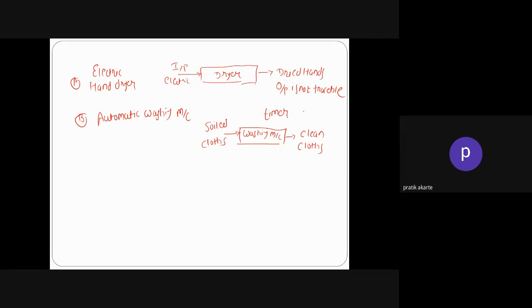For the particular input, for 10 minutes it must soak, after 10 minutes it must spin, and then for 10 minutes it must dry. But the control action has nothing to do with the actual status of the clean clothes. I repeat my sentence: the control action has nothing to do with the status of the clean clothes.